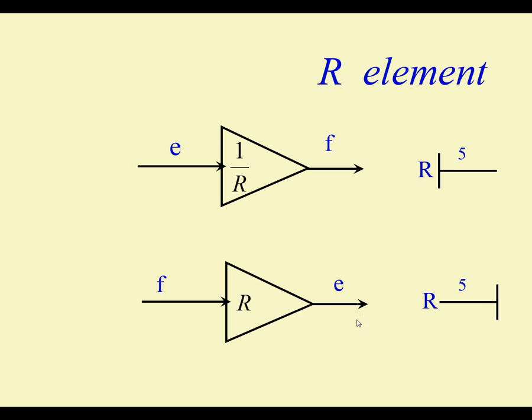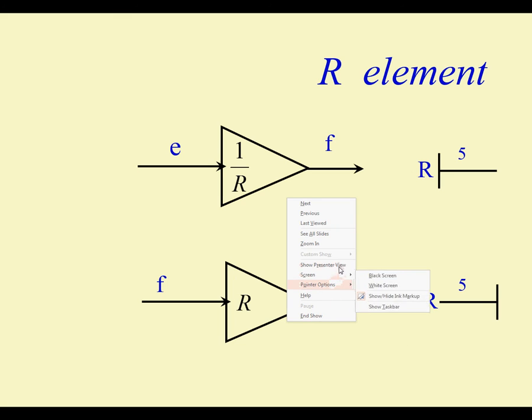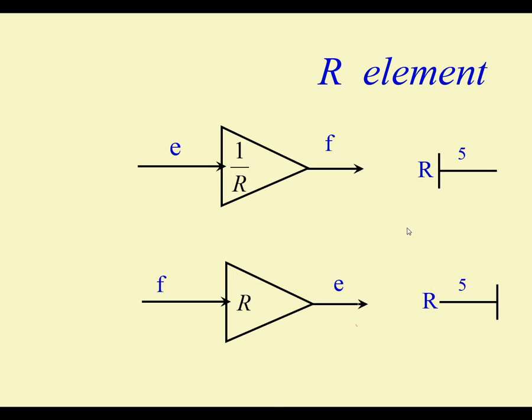But let's see if we could change the pen color. Let's try this to see if this could be easier to write. You see, this is input, and this is the output. So if you were to write, let's say this is R, yeah? What's the output of this?